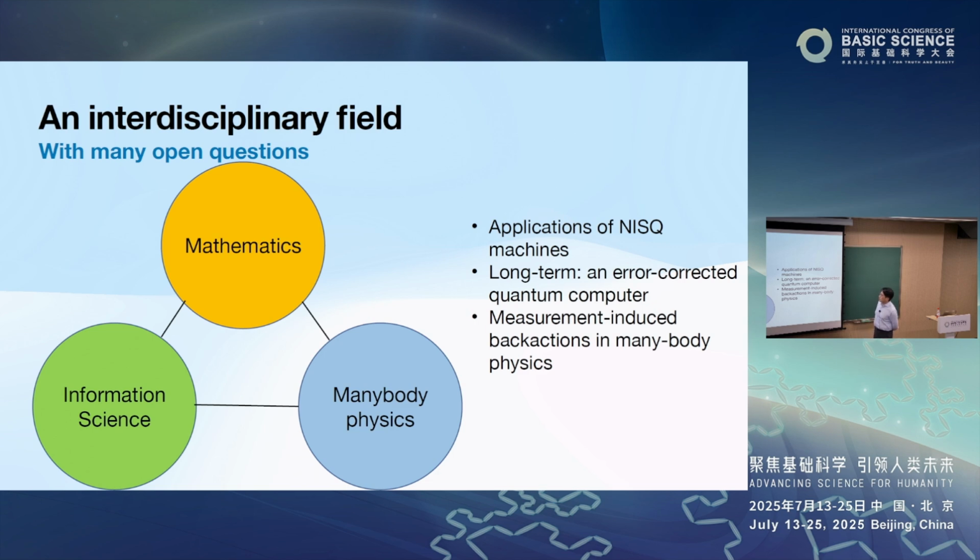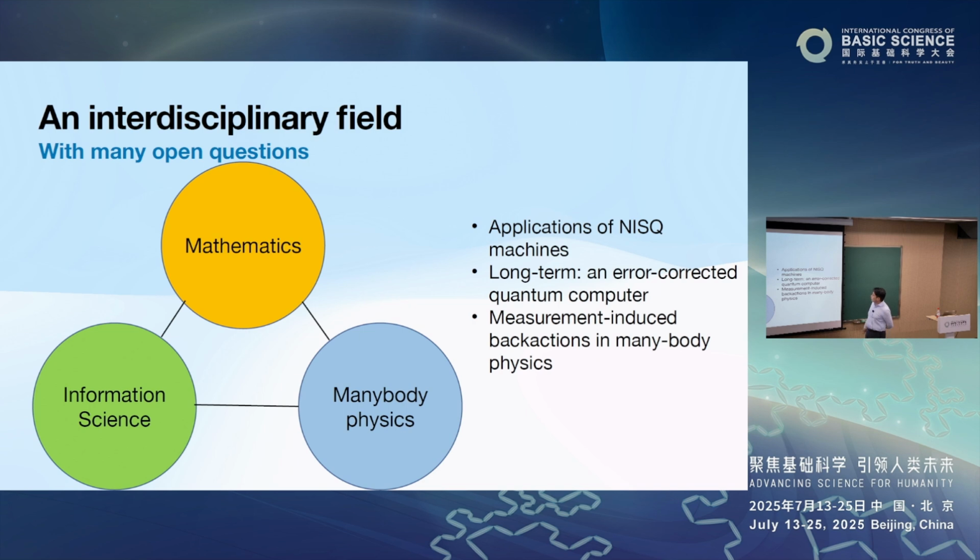We want to find interesting applications of the so-called near-term noisy quantum era machines. And in the long run, of course, we want an error-corrected quantum computer, but there are many open questions as regards what are the most efficient quantum error correction codes, and how can they be efficiently integrated into our hardware?